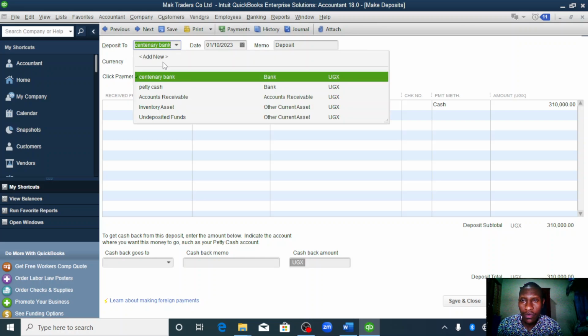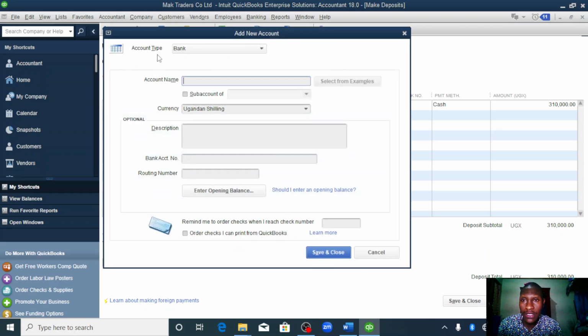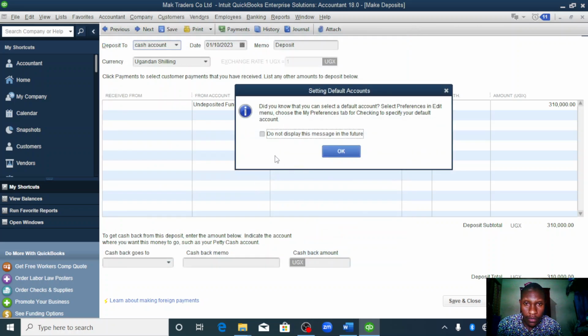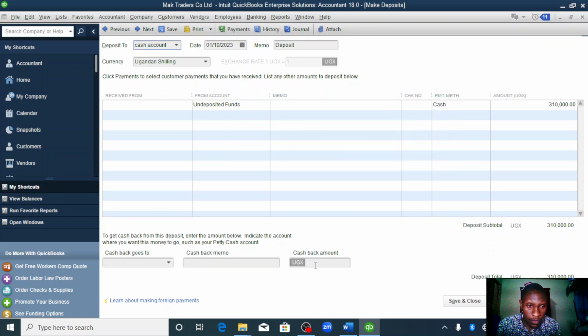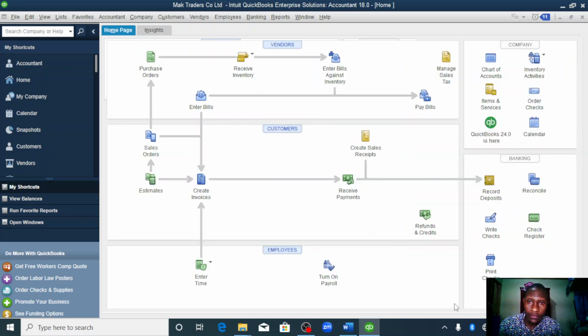That means the transaction was by cash. So we add cash account. Then we save and close. We remove this one. We click on save and close. So we get done by the transaction.